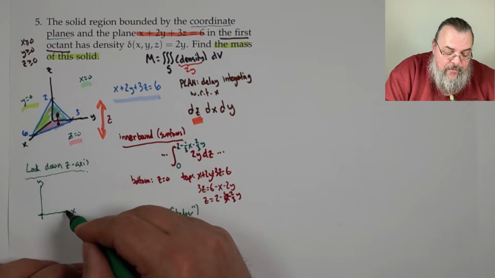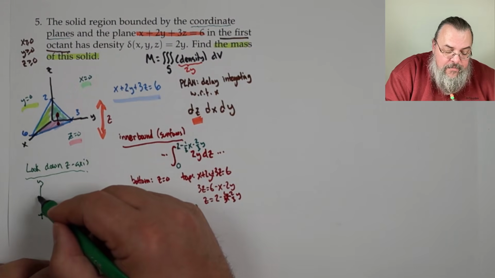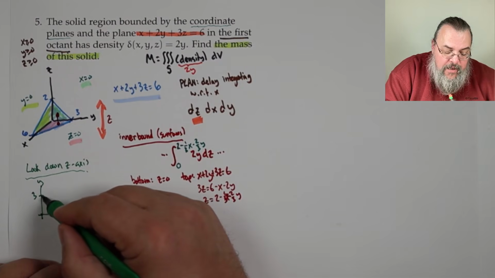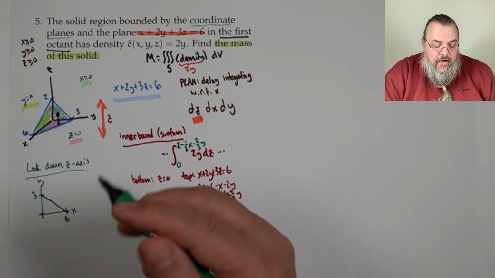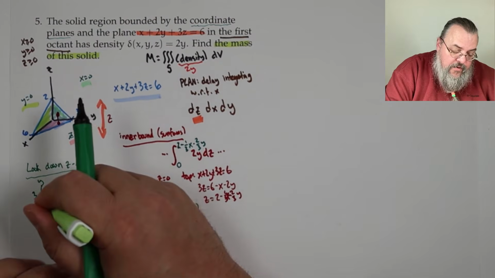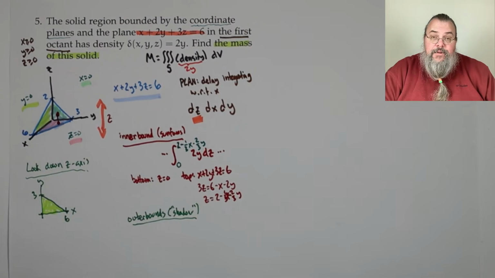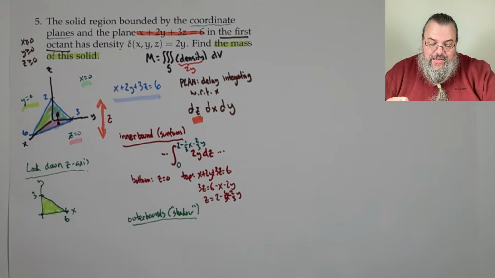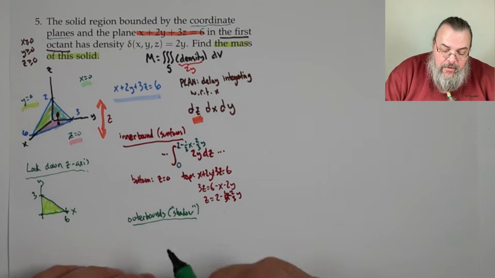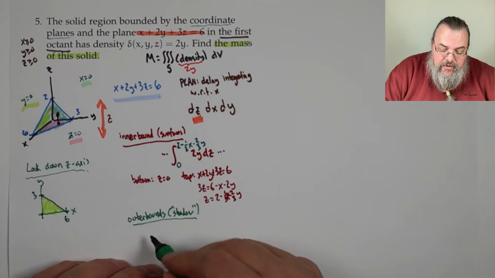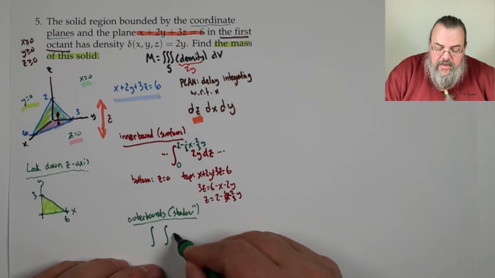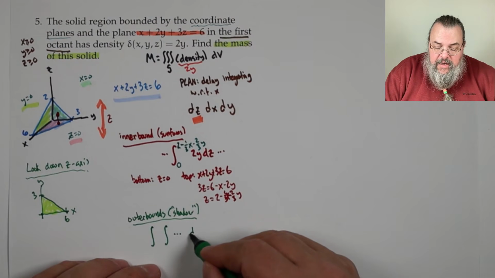We know where we hit for x, and we know where we hit for y, and so we have our triangle. Beautiful. Now, we're not done. We know the shape, but we have to describe it in the way that we're going to integrate. So for our outer two layers, we have an integral, the inner stuff, and dx, dy.